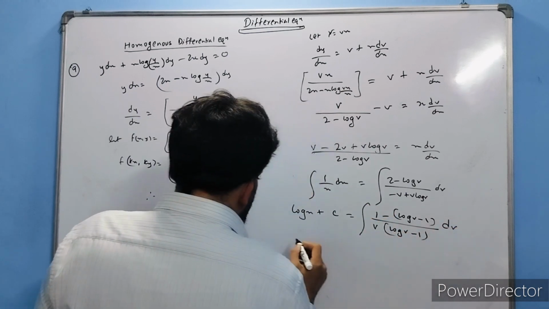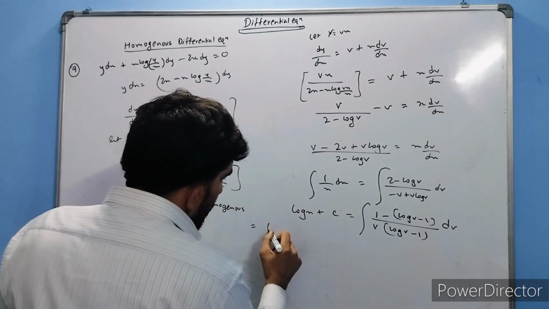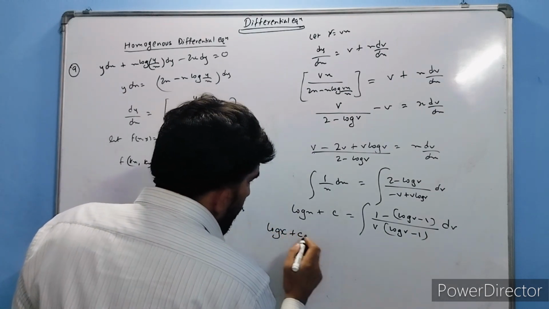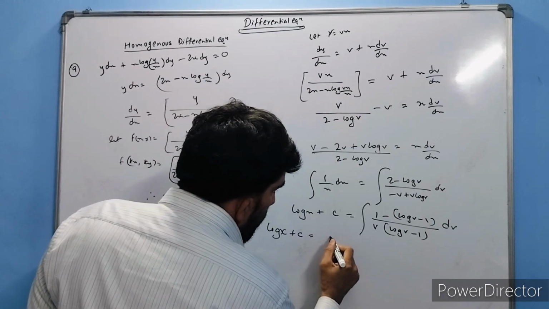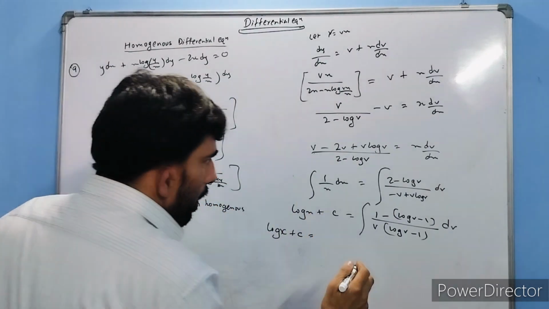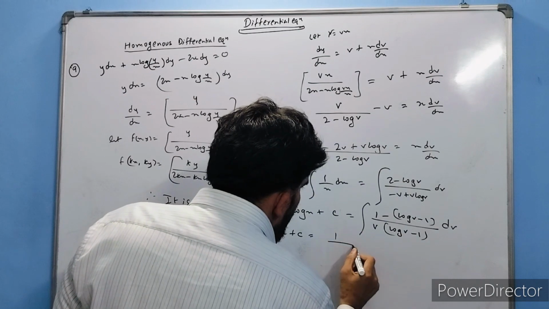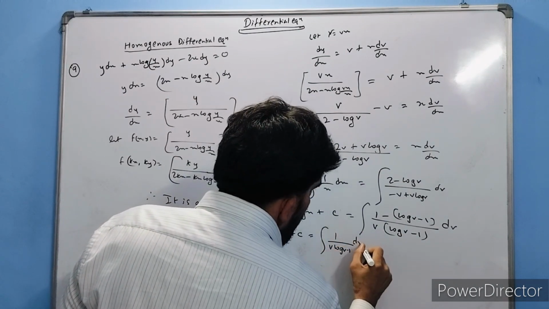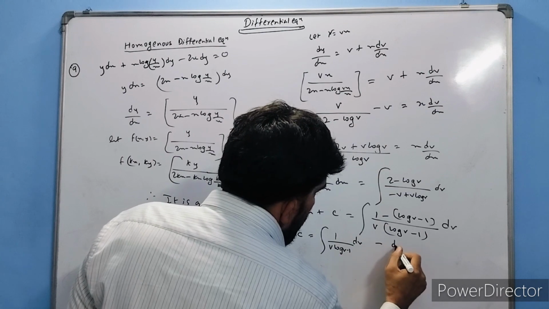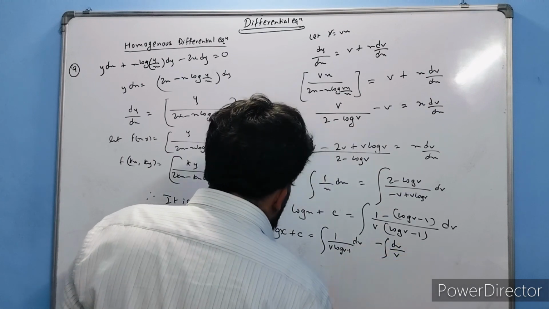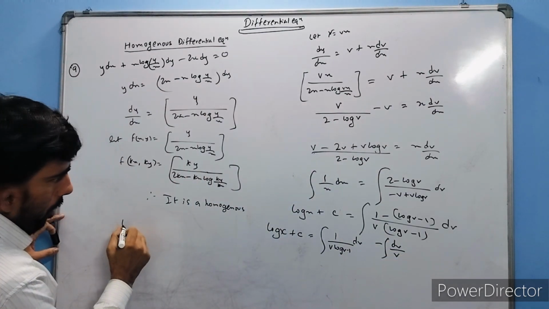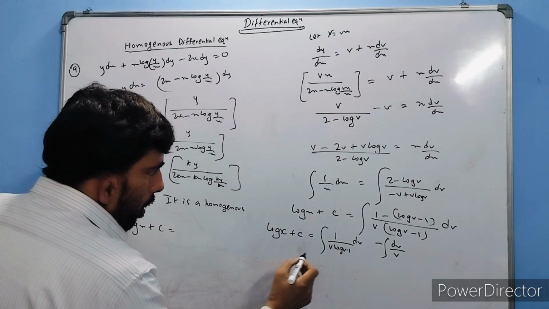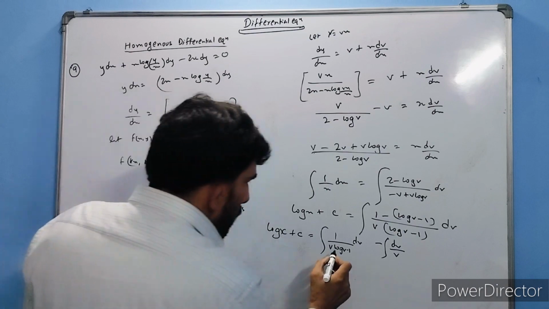dv. Now if I separate it, I get log x plus c is equal to 1 upon v (log v minus 1) dv minus dv upon v. So now my next step will be log x plus c is equal to, I have to take log of v minus 1 like this.